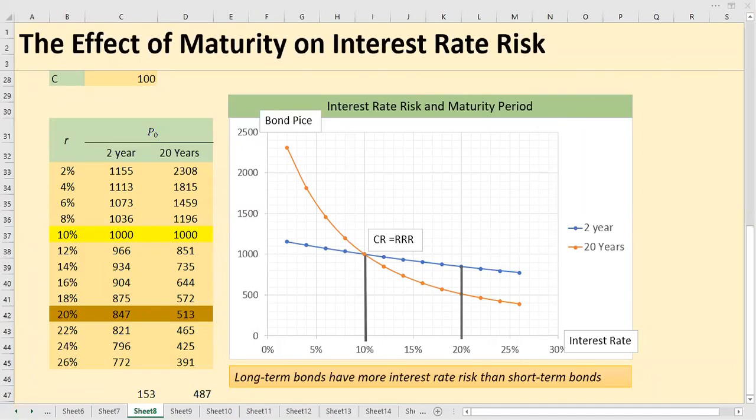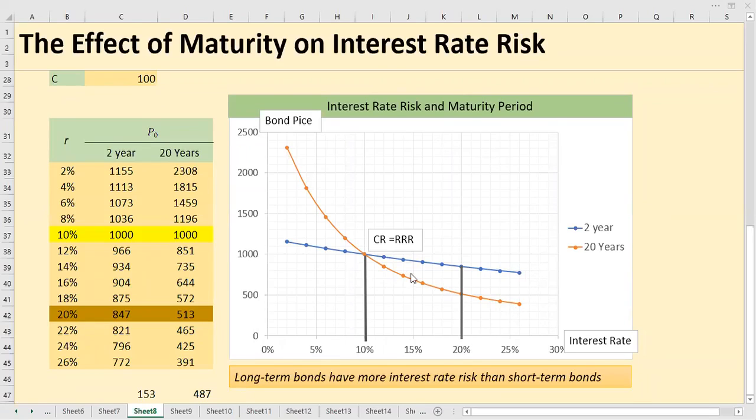So what we understand is that when the maturity period of the bond is higher, there is a higher tendency of having higher interest rate risk. One of the deciding factors of interest rate risk is the maturity period. Higher the maturity period, higher the interest rate risk. Lower the maturity period, lower the interest rate risk. That is what this particular graph represents.